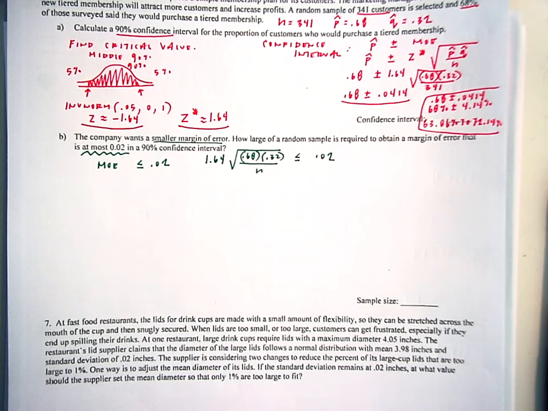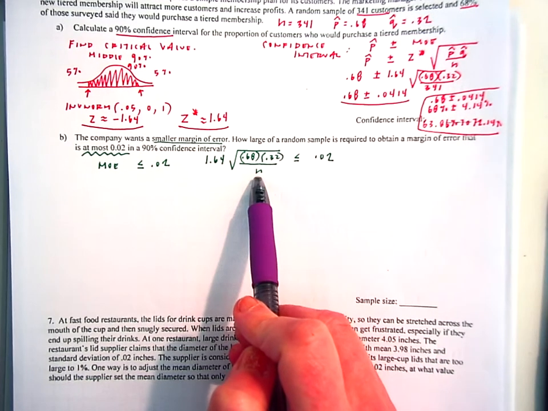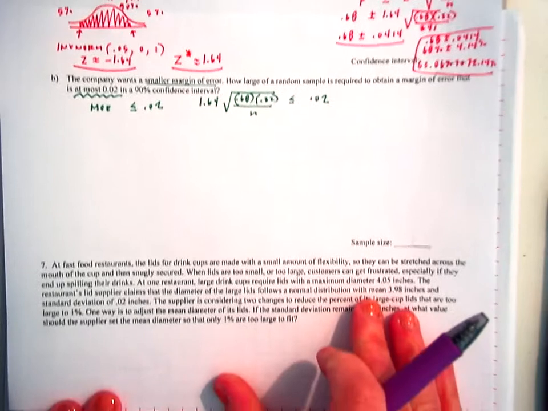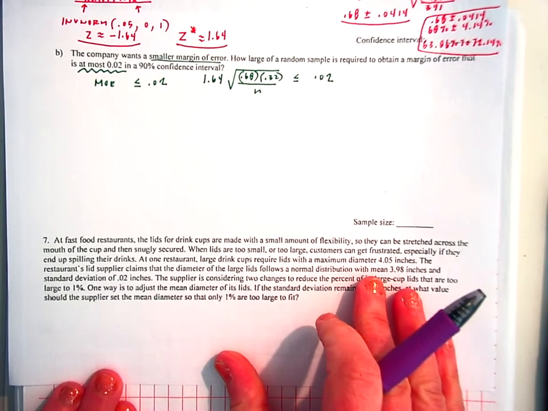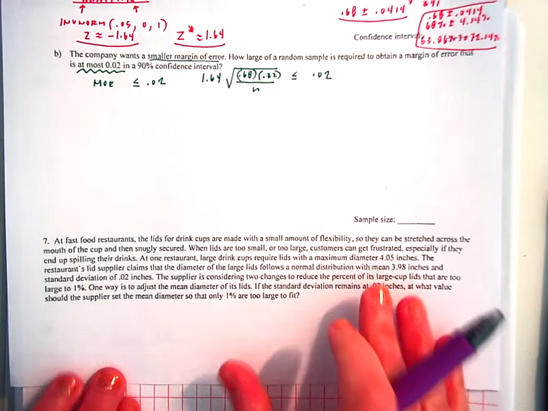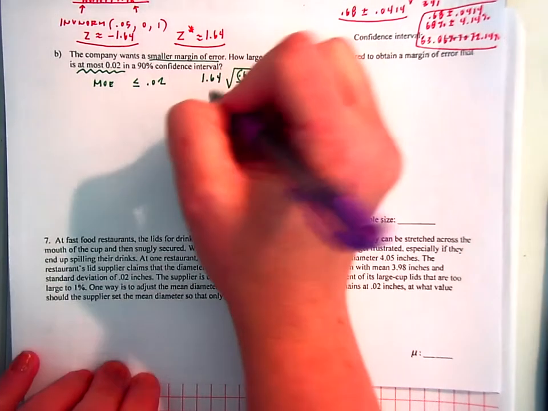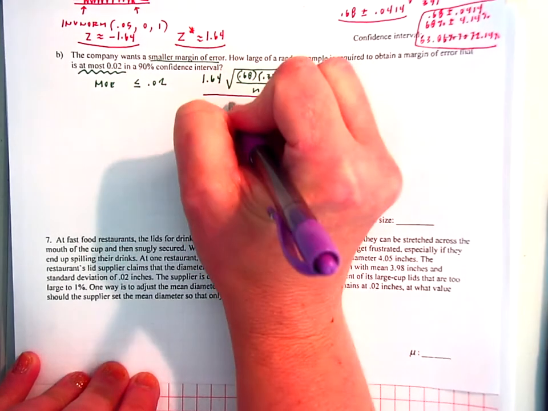Now I'm going to have to use some algebra to get the n value all by itself. I'm going to use my fancy different colors just to help you see all the steps involved here. I'm not going to touch my calculator until the very end. I don't want to build off of a series of rounded answers. I want to type in at the very end. So first things first, I'm going to divide each side by 1.64.